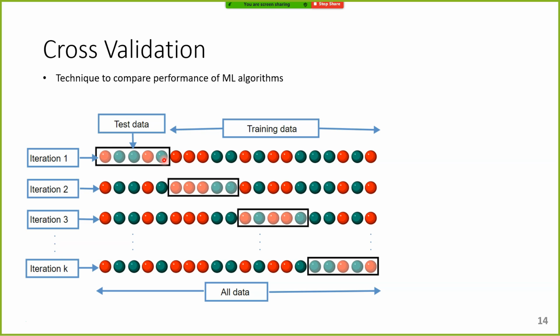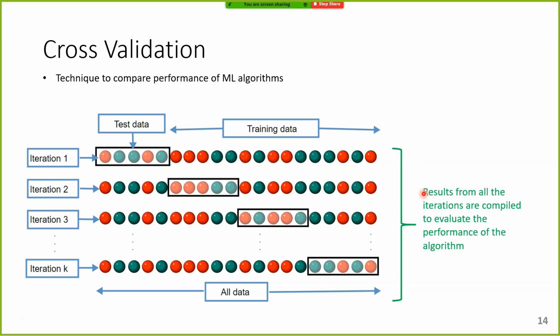First we keep some portion of data as test data and train our model on the rest. On the second iteration, we repeat the same process, but this time a different part of the data is used as test data, and the rest is used as training data. We repeat this process by changing the test data and training data, and in the end, all the results from these iterations are compiled to evaluate the performance of the algorithm.